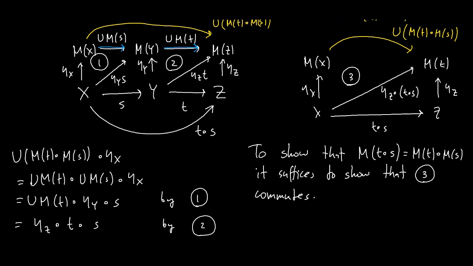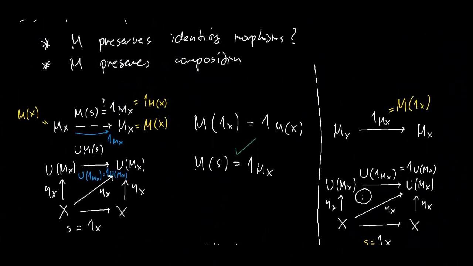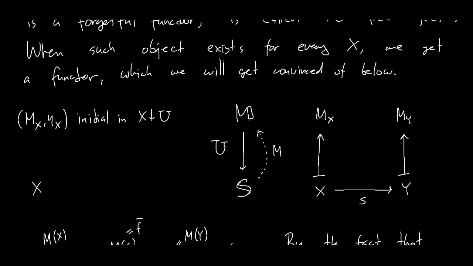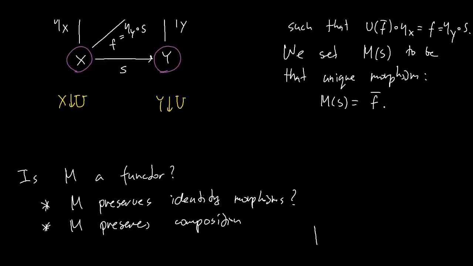So what we get here is a functor. It's a functor going backwards. And now we can fully summarize our findings here. Well, we already summarized it earlier.